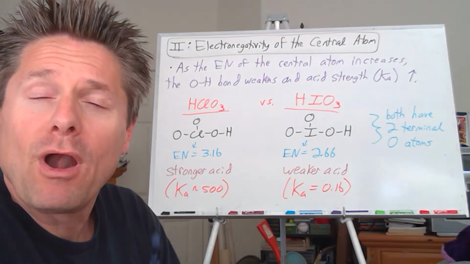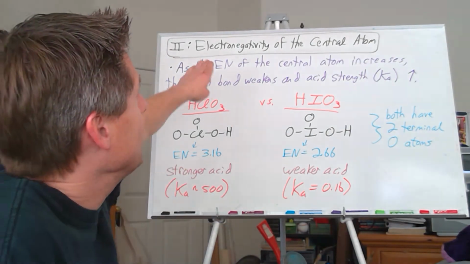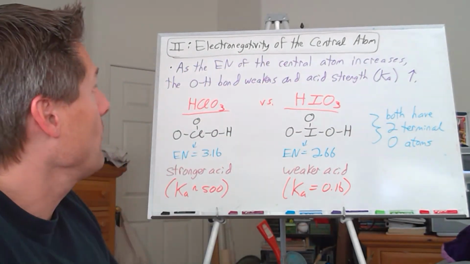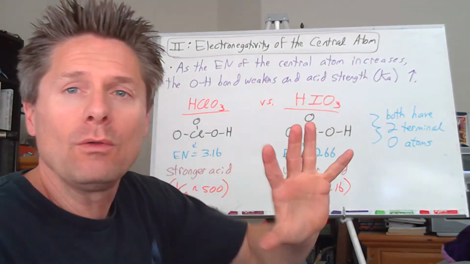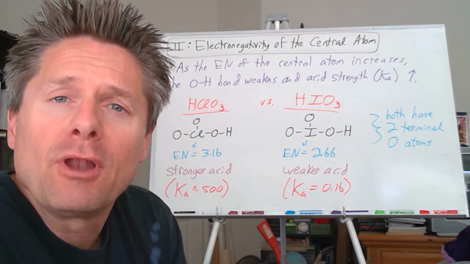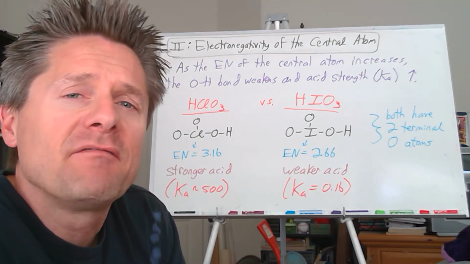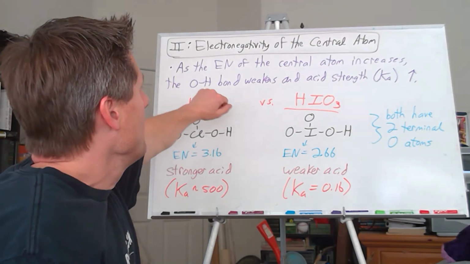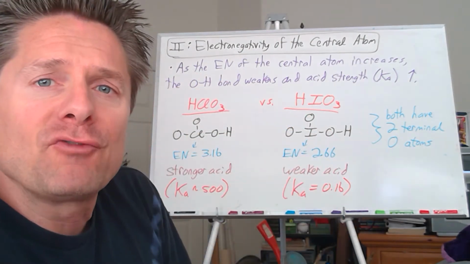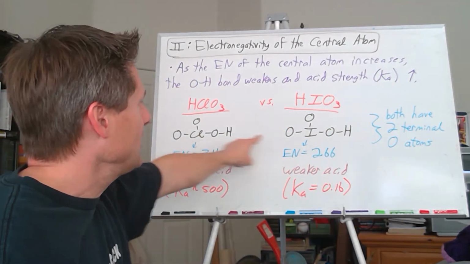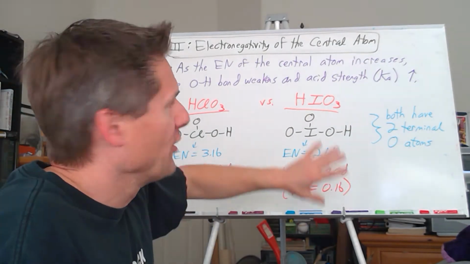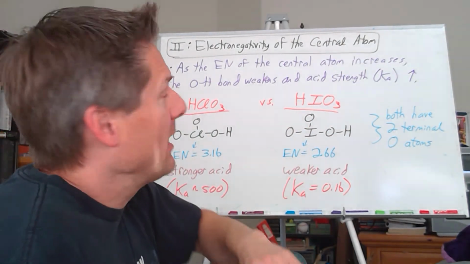All right, the second part for oxoacids is the electronegativity of the central atom. But I want you to think about this is only if they have the same number of terminal oxygen atoms. That's going to be the dominant factor. Look for that first. But if they have the same number of terminal oxygen atoms, look at the central atom, right? The non-oxygen, non-hydrogen atom, by the way.